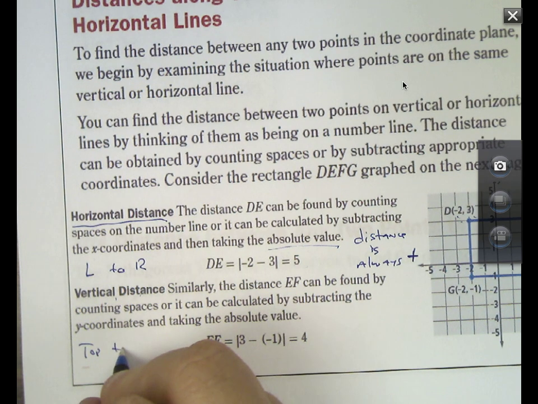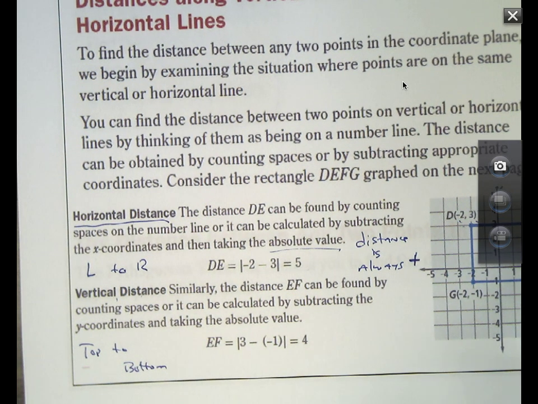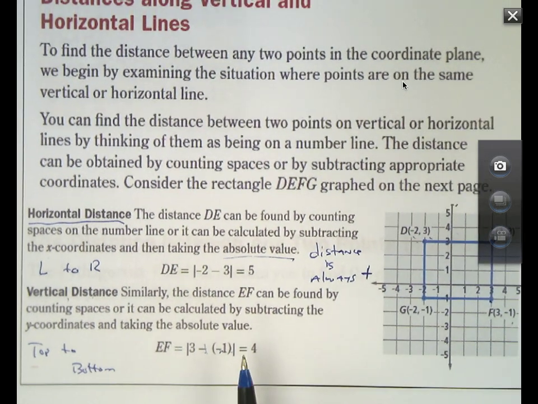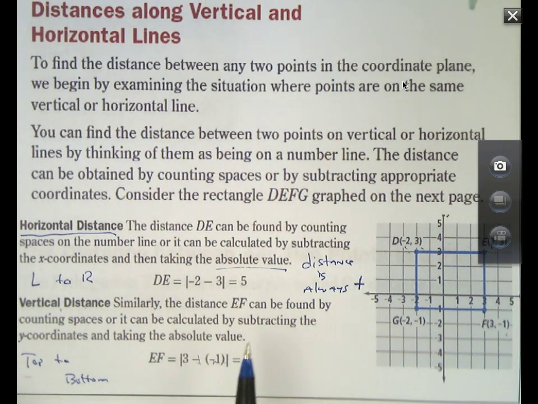So you go from top to bottom. So it's 3 minus -1. A negative and a negative is a positive. So 3 plus 1 is 4. The absolute value of 4 is 4. So that's a very easy way you can do horizontal distance and vertical distance.